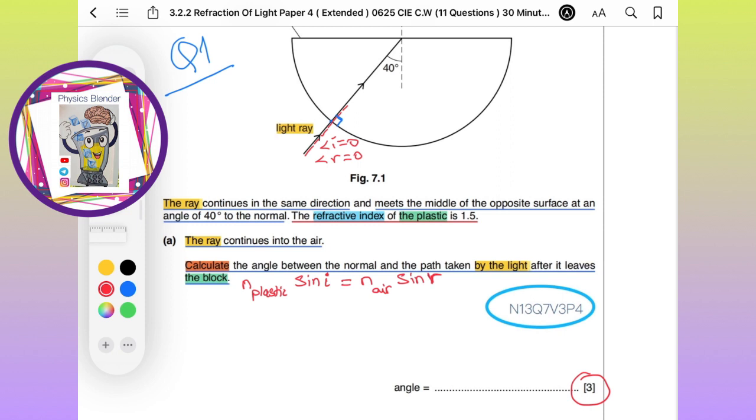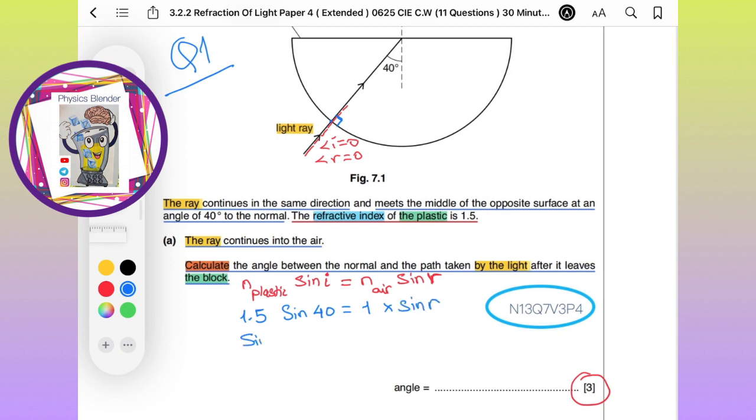So when you substitute, N for the plastic is 1.5, sine 40 is equal to 1 times sine R.